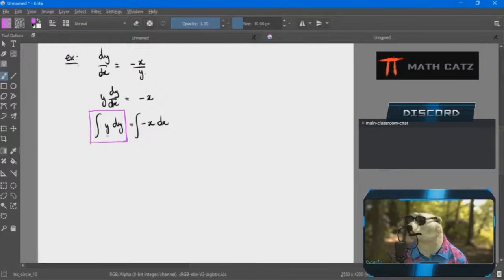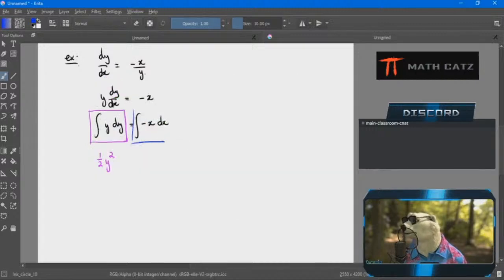This just happens to be an antiderivative question with y as the variable. And it's asking, what is the function in y that has derivative y? Well, it's going to be y squared with a 1/2 correction. When I'm done with that one, I put the constants on hold until the end.